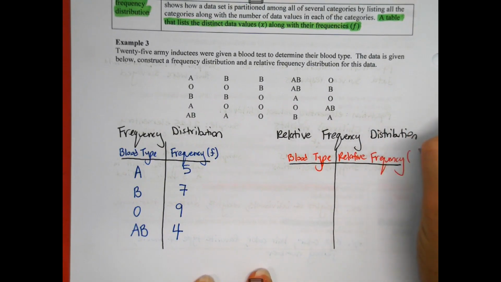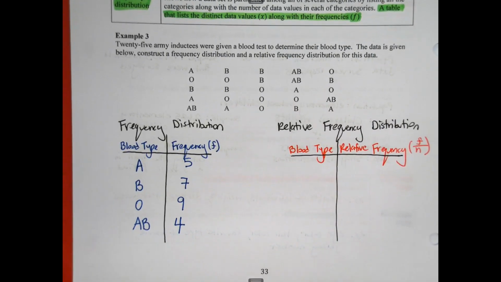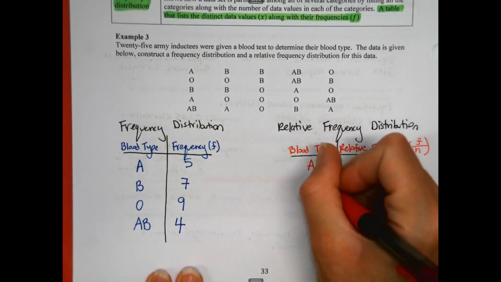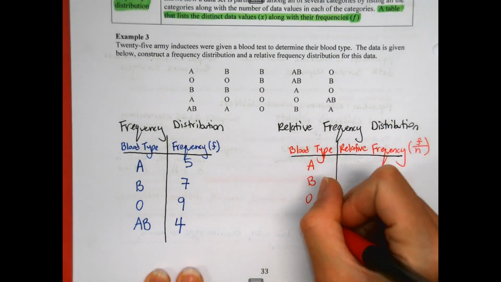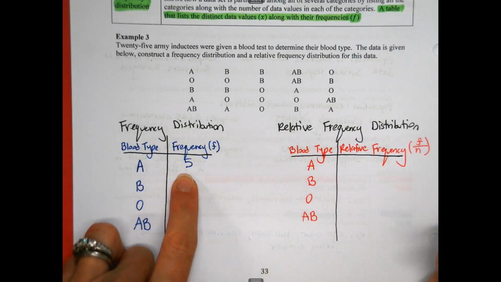And our relative frequency is the frequency divided by the total. They told us that there were 25 Army inductees. And we found our frequency for A was 5.